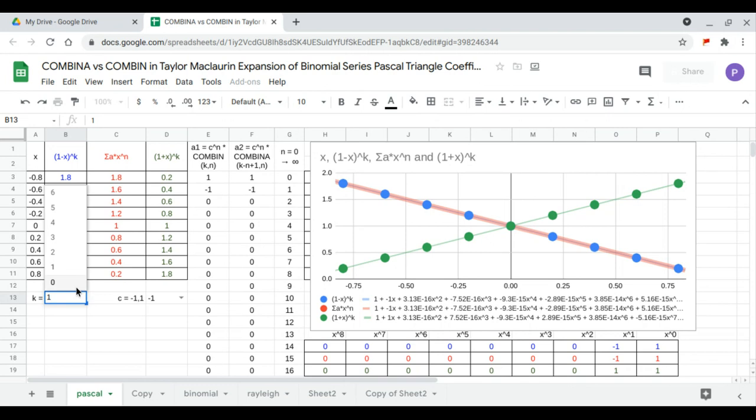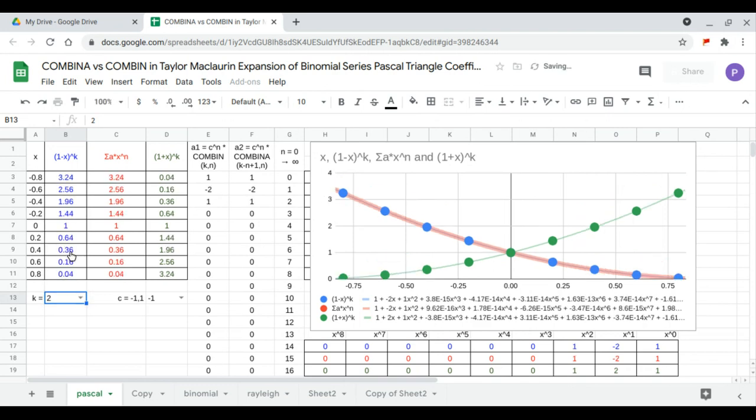So at k equals 2, here we have our Pascal triangle coefficients: -1, 1, -2, 1. These are the Pascal triangle coefficients. And the red line is on the blue. That means the expansion approximates 1 minus x to the power 2.